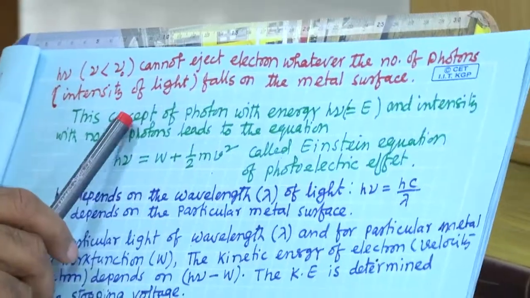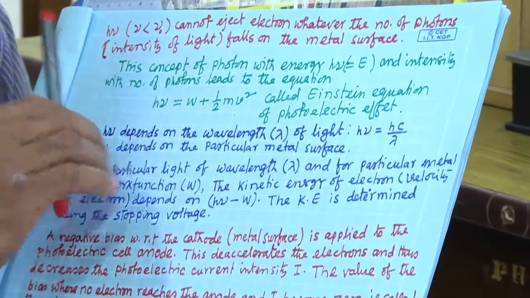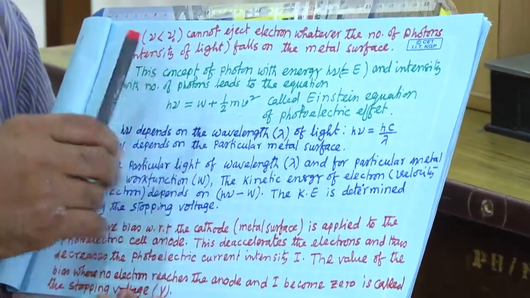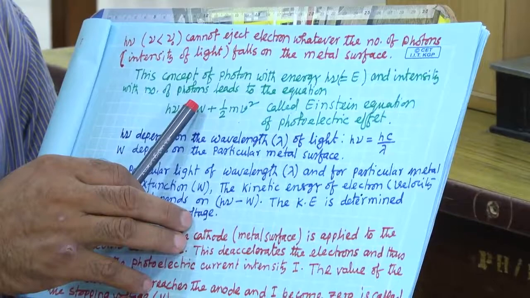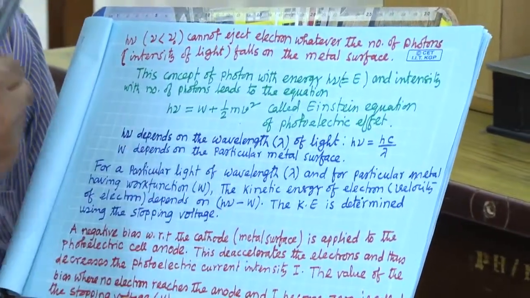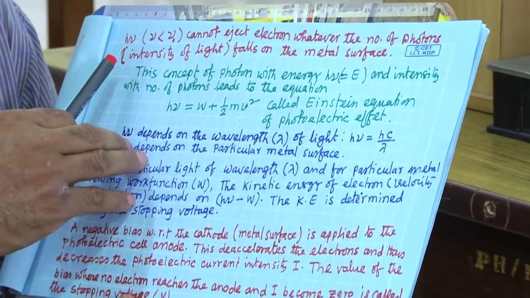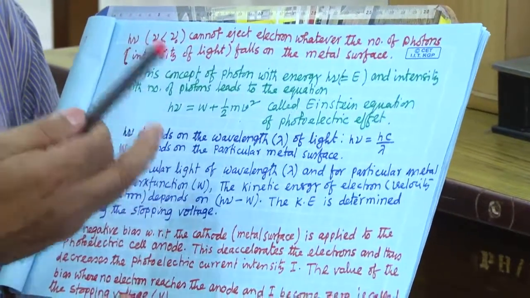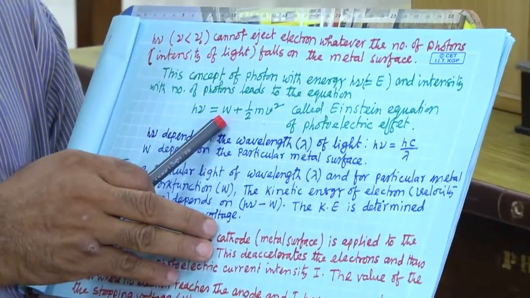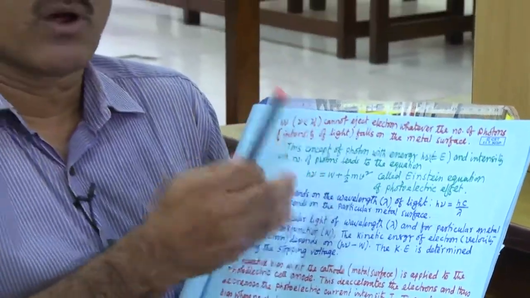For higher wavelength, lower frequency, you will not get electrons ejected from the surface of the metal, and there will be no anode current. If lower wavelength, higher frequency, then the energy h nu will be higher than h nu 0, or higher than the work function W.